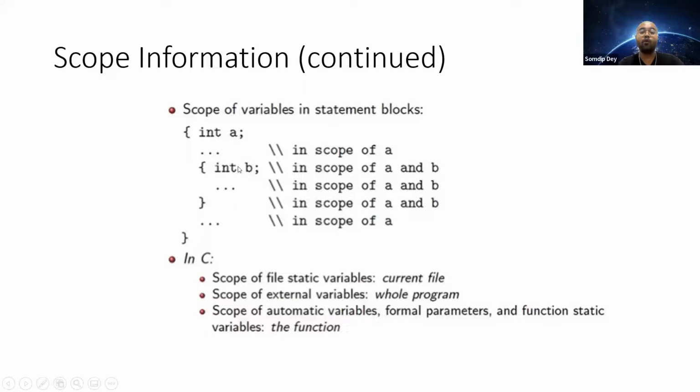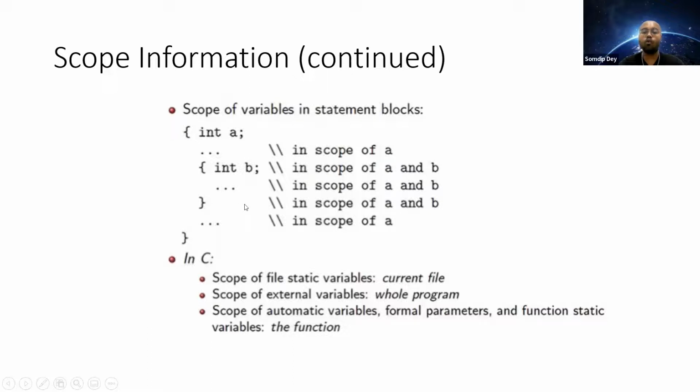Now, before you initialize the variable b, keep in mind that since on top you have declared the variable int a, the scope of a belongs up till this part because it is already defined. Now, after you have defined the int b, because you have declared the variable b with the type int here, the scope of b is also added along with the scope of a.